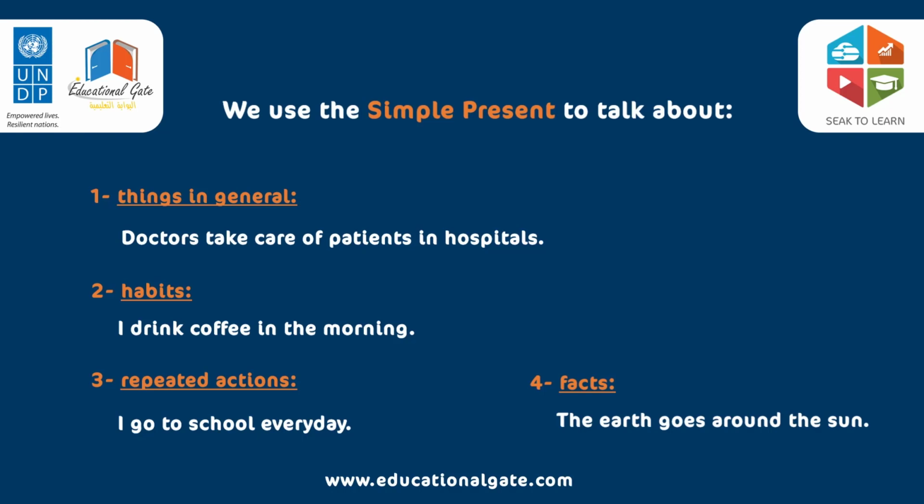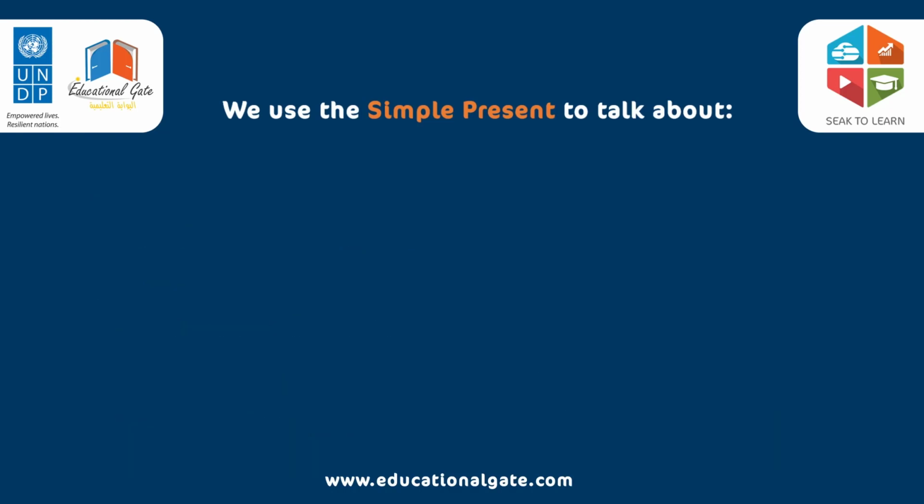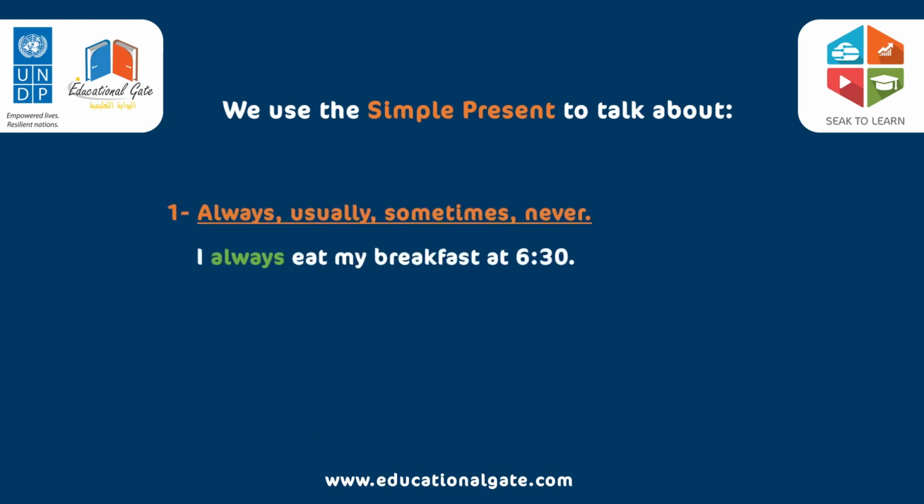Now, there are certain words that we can use with this tense. Let's have a look at some examples. Always, usually, sometimes, never. For example, I always eat my breakfast at 6:30.